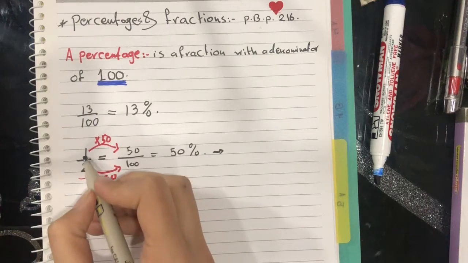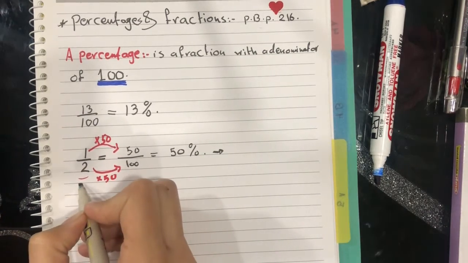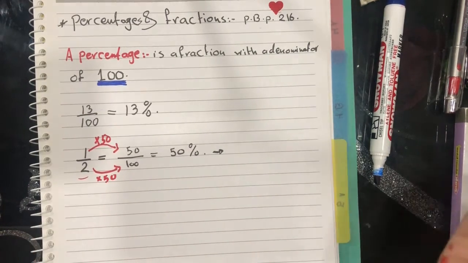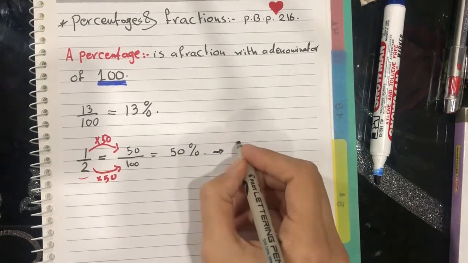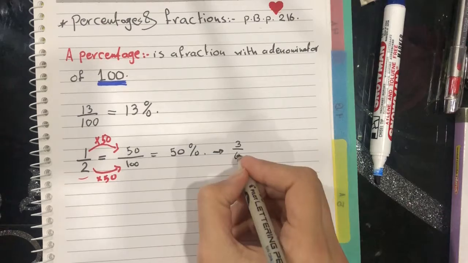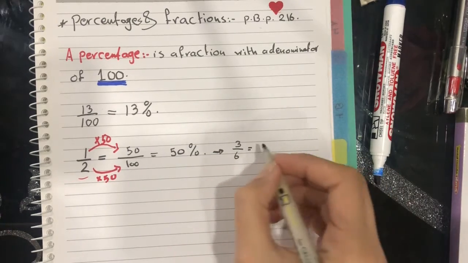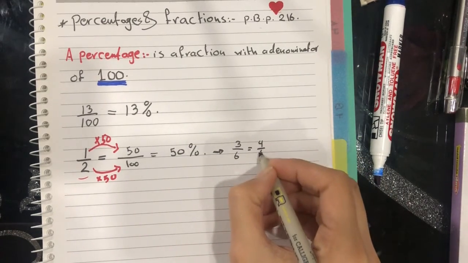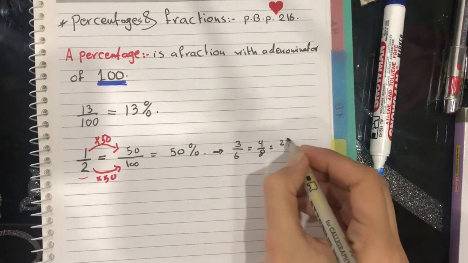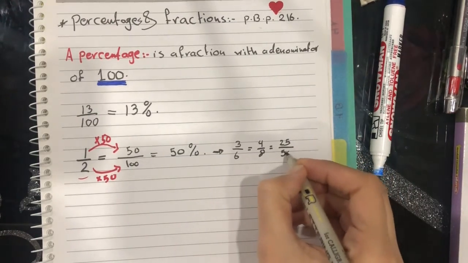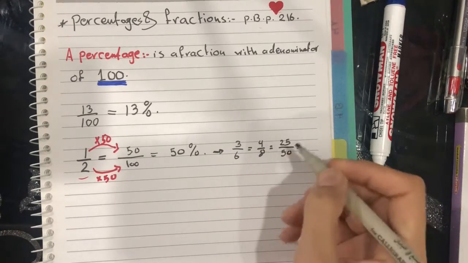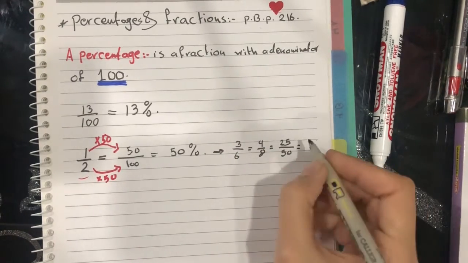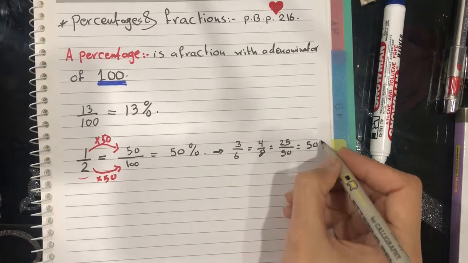If the numerator is half the denominator, as a percentage, it will always equal 50%. Like if you have 3 out of 6, this is equivalent to 4 out of 8. This is equivalent to 25 out of 50. All these fractions, the numerator is half the denominator, and all of them as a percentage will be written as 50%.